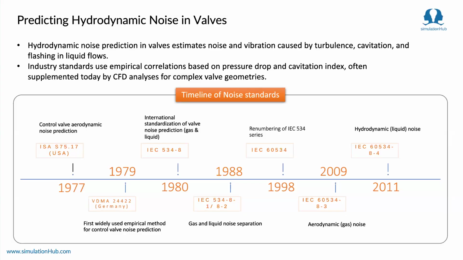This was IEC 534-8. Around the same time, there was a German standard, which is VDMA 2422. So around the late 70s and early 80s, these things were happening in the industry.